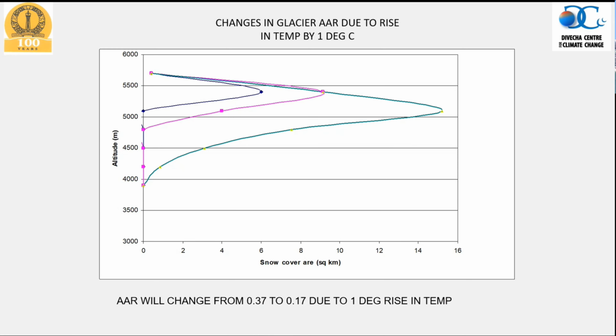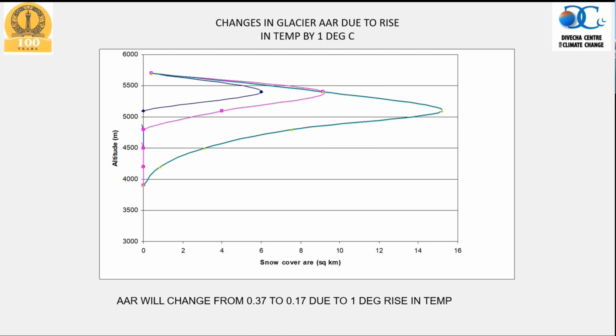Now, the key question is what will happen to the glaciers due to a rise in temperature of 1 degree Celsius. So this is the areal extent of glaciers, and that is the area altitude distribution of glaciers.